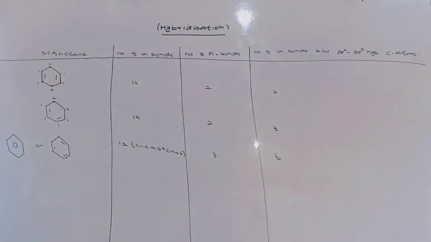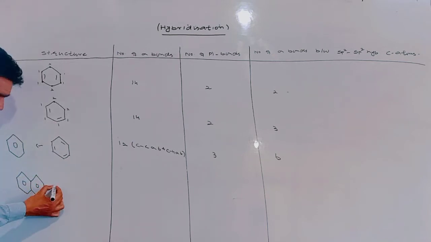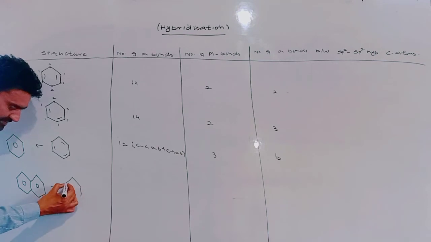If I take the example of naphthalene: in the previous lecture I told you that whenever rings are fused together by 2 carbon atoms, out of infinite rings only one ring will contain 3 pi bonds and the rest of the rings will contain 2 pi bonds. I can write it in naphthalene just like this.